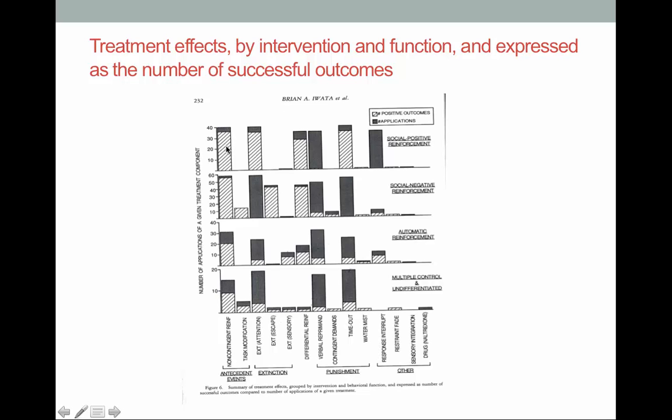So these stripes mean that's how many of these cases were successful, and the dark is the total applications. So the vast majority, 90% of interventions that included non-contingent reinforcement for individuals whose target behavior was maintained by social positive reinforcement were successful. And that makes sense.